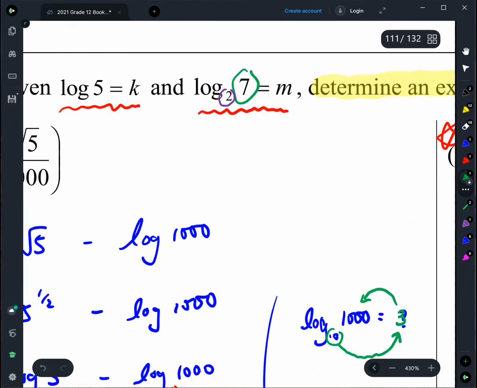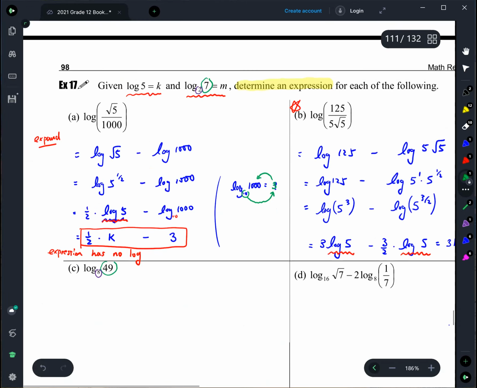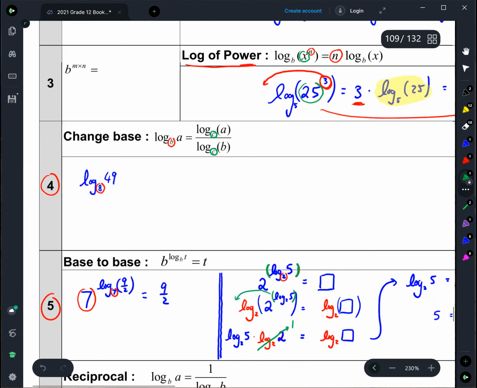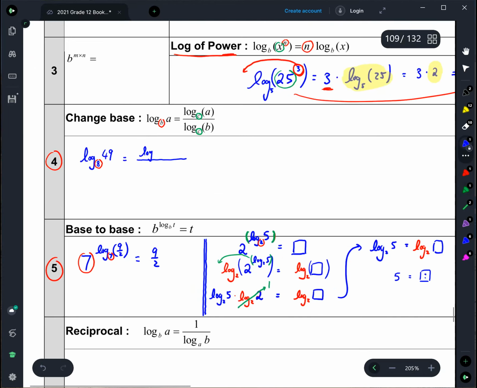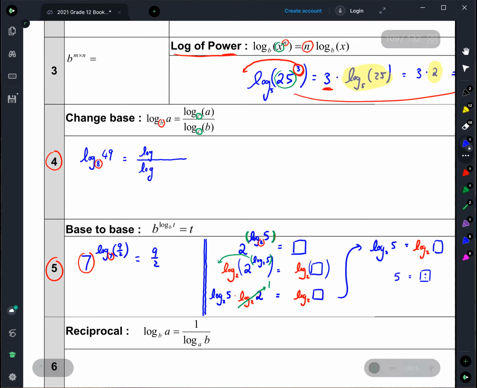The base up there is a 2. So you want to change the base into 2. So we split it, right? Because of the law, we split it into 2 log, 1 log at the top, 1 log at the bottom. Okay, and our new base is 2. Okay, can you raise your hand if you follow up to here?